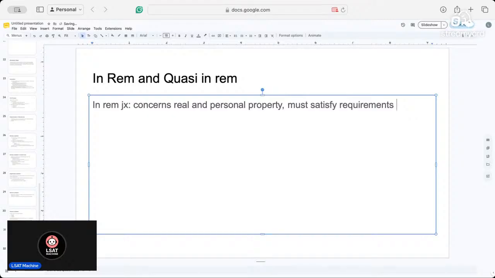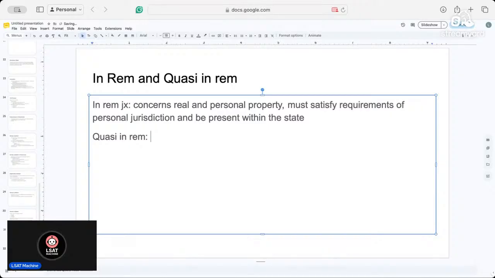So the requirements that I went over, the different ways that you can purposely avail yourself for personal jurisdiction. And the property must be present within the state. Okay. That's in rem.